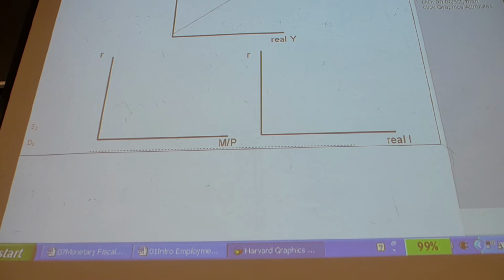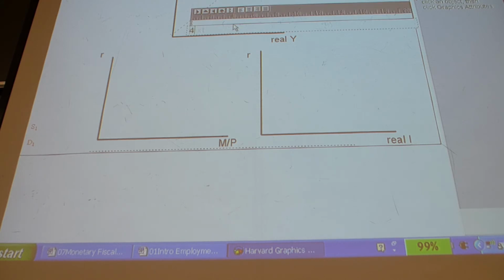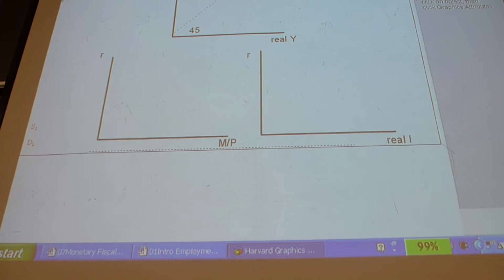Here we have the 45-degree line. Let's put 45 down here. And here, the supply of money, it's exogenous, everybody. It's determined by the government and the known parameters of the reserve ratio and currency circulation.